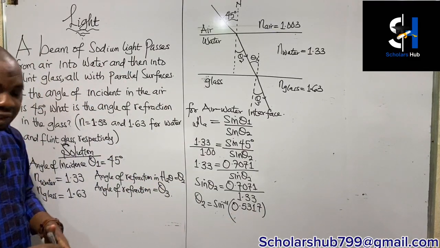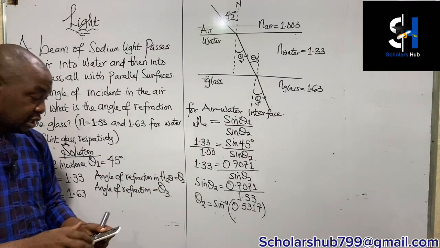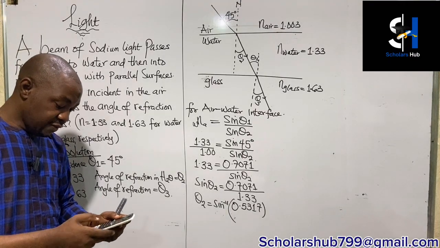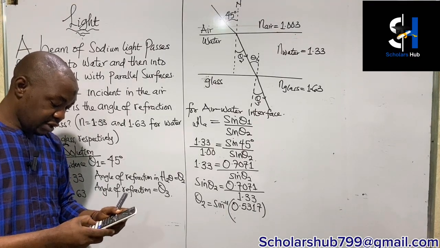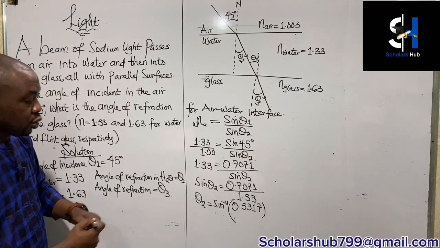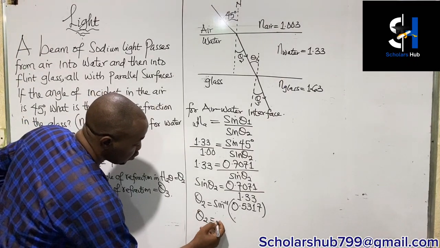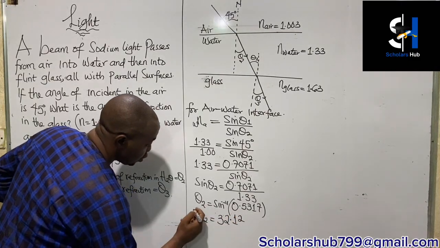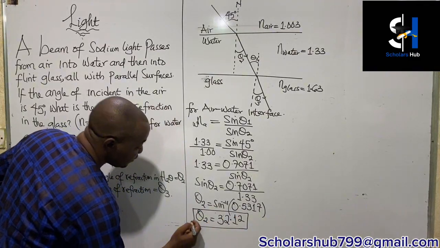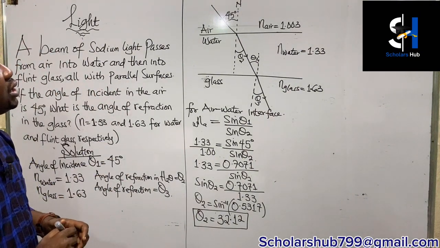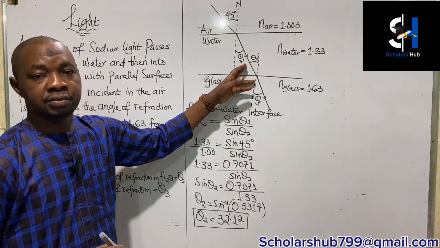Now let's obtain the inverse sine of 0.5317. That will be 32.12. So the second angle is 32.12, and that is the angle of refraction in the second medium.